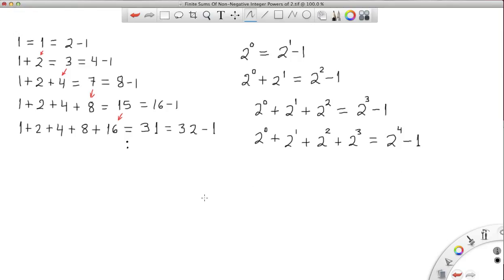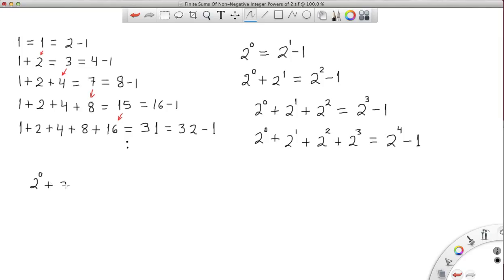So let me write the notation in extended form. For any arbitrary number, we're going to use a letter to represent the exponent where we're going to finish.